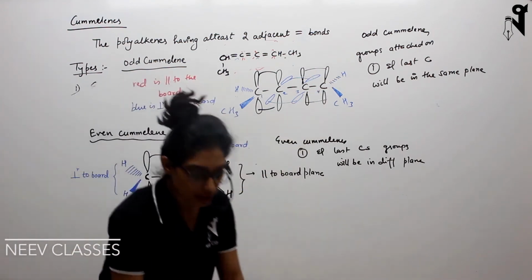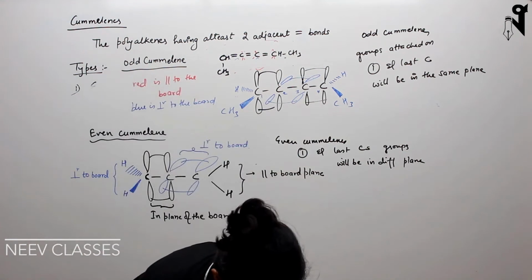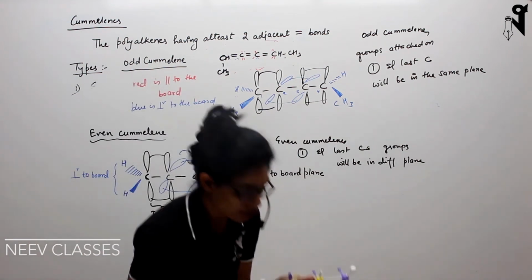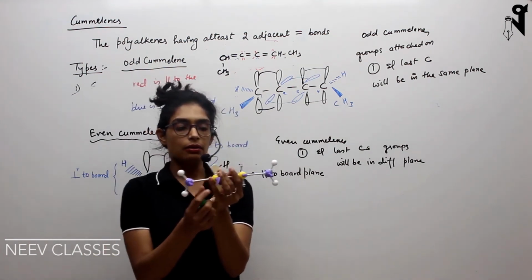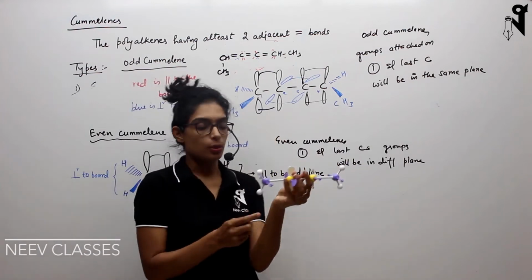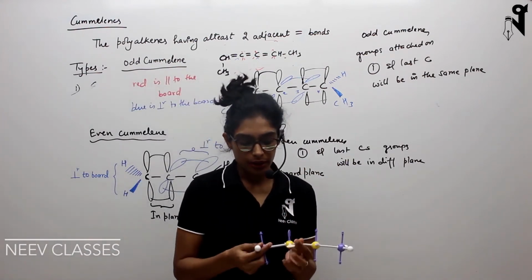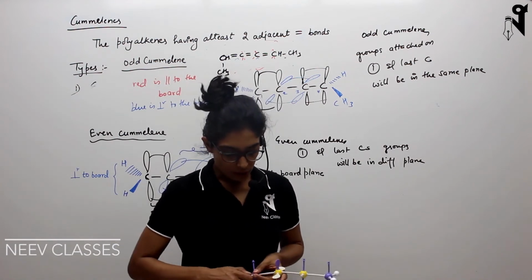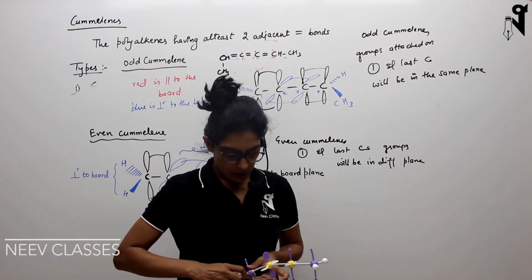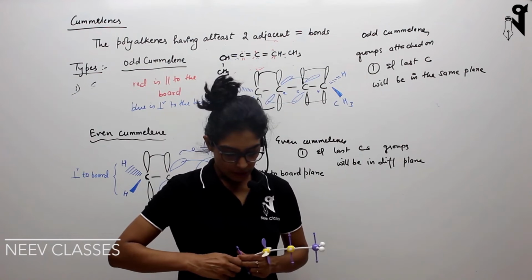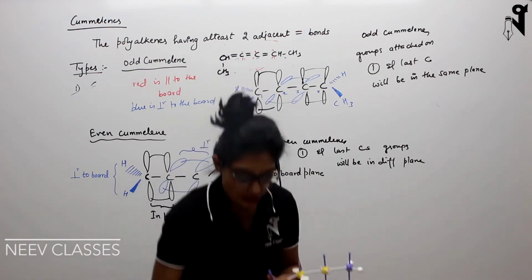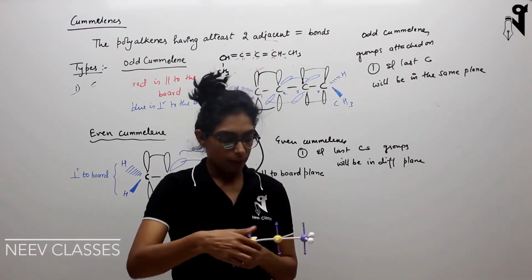Okay, now again let's talk about this structure on the carbon chain. So what I have done is I have taken again the same odd cumulene. Now let's hold it this way. Instead of a hydrogen, I'm just going to replace it with a CH3. Let's say I have taken CH3 as a green ball.